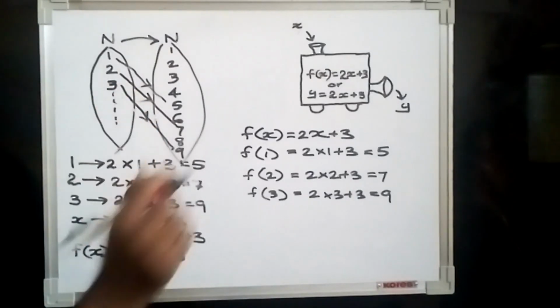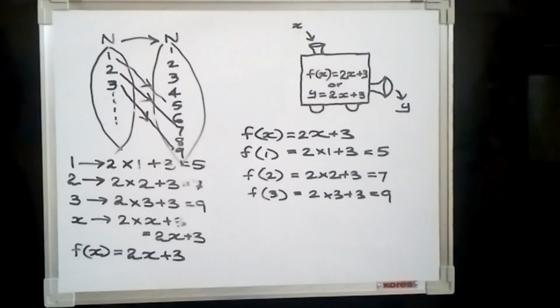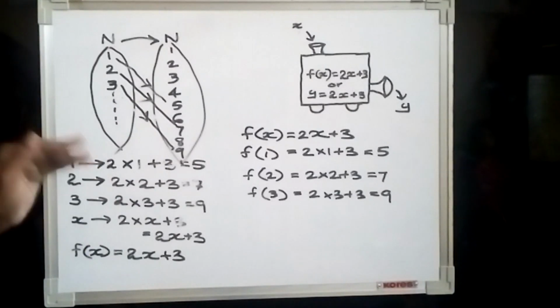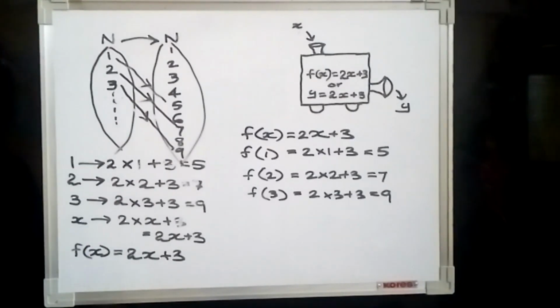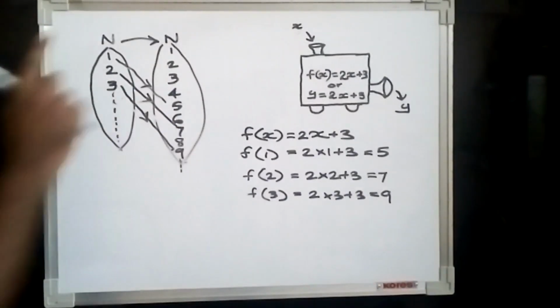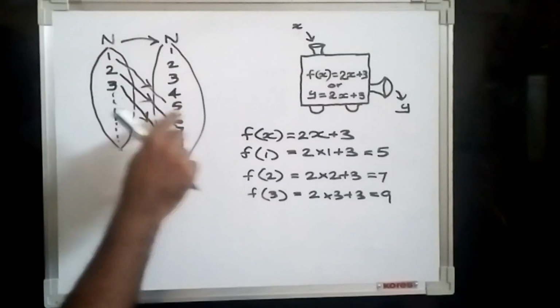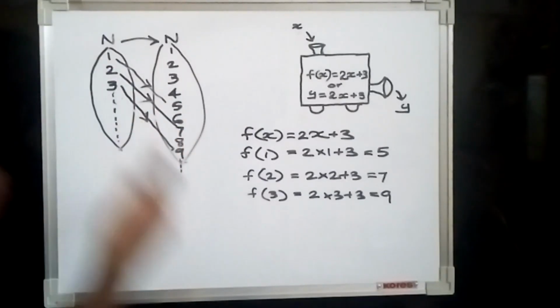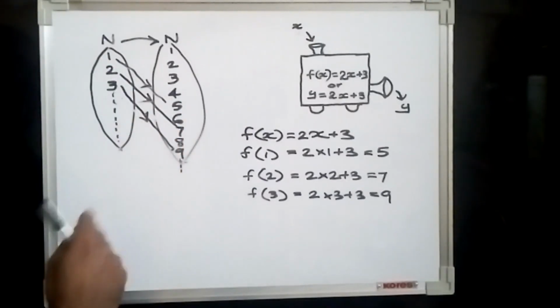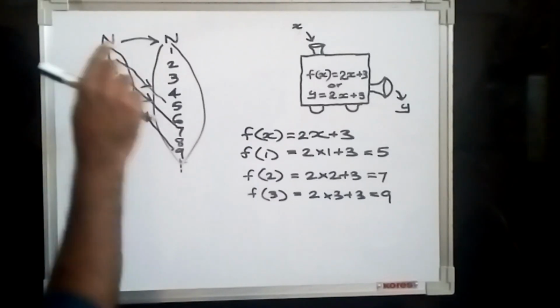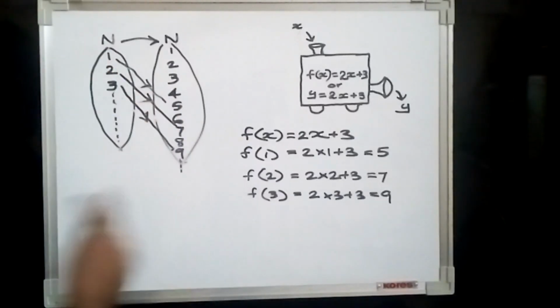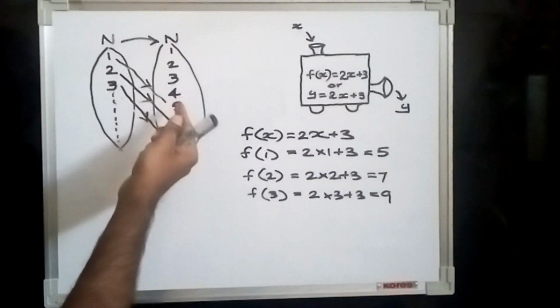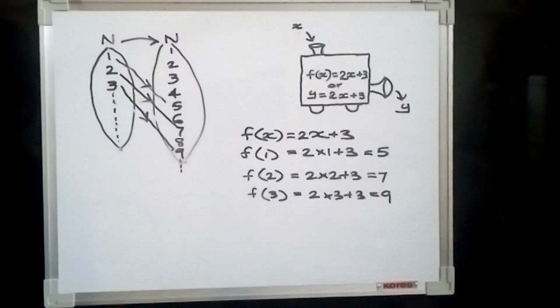Thus, it is clearly a function because every element in the first set has its own image in the second set. When the input is 1, the output is 5. Let us find a reverse relation. If the output is 5, what is the input?